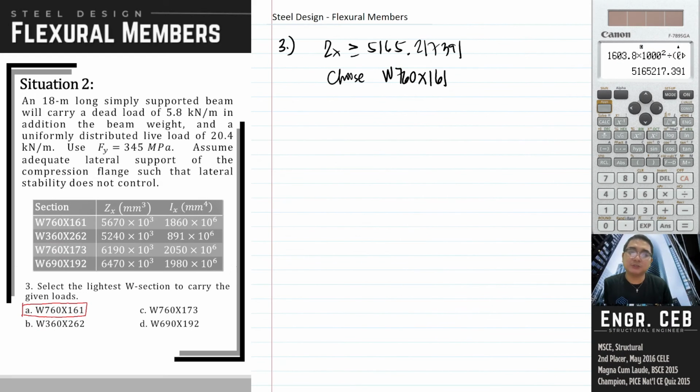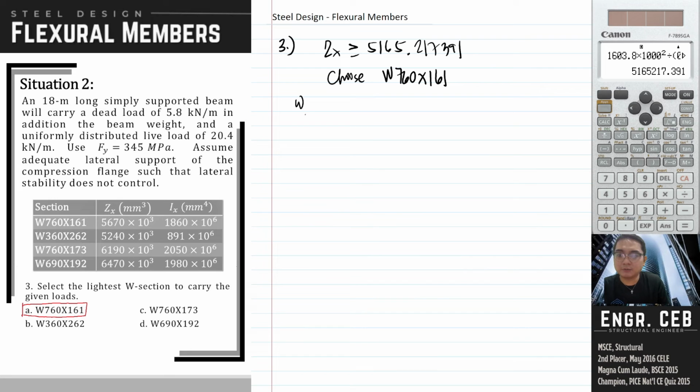After choosing, we need to make sure that the demand is less than the capacity. Take note that in the calculation of the demand, we have not yet included the weight of the beam because at that point, we did not yet know the section, so we did not have information about weight. But this time, since we already have our section, we will now recompute the demand or the maximum factored moment considering the weight of the beam.